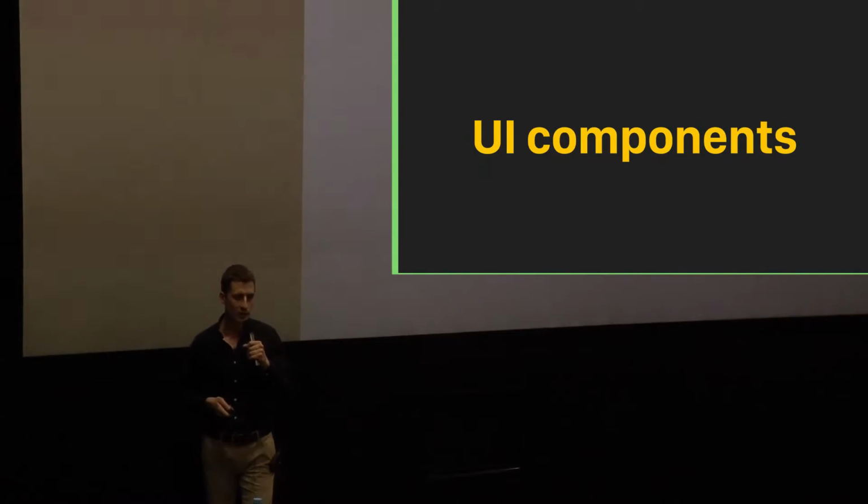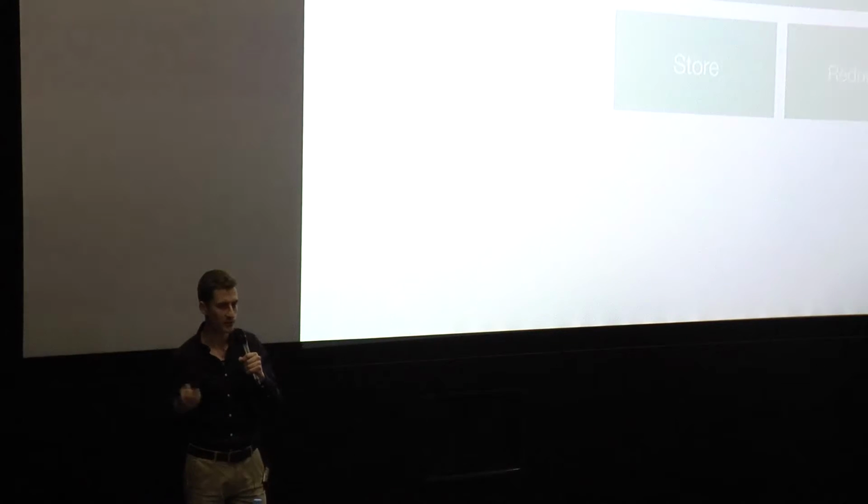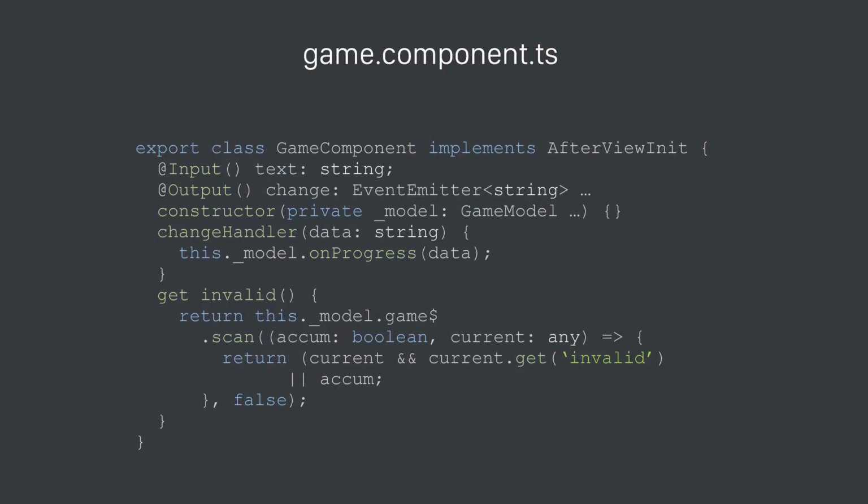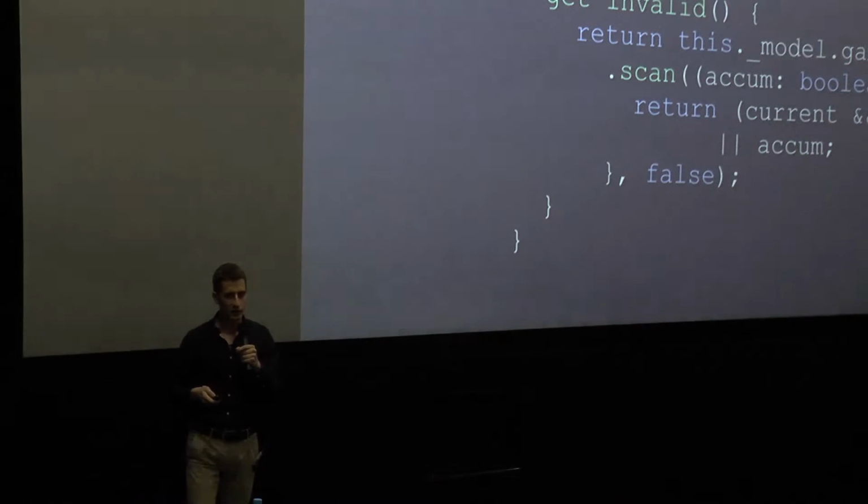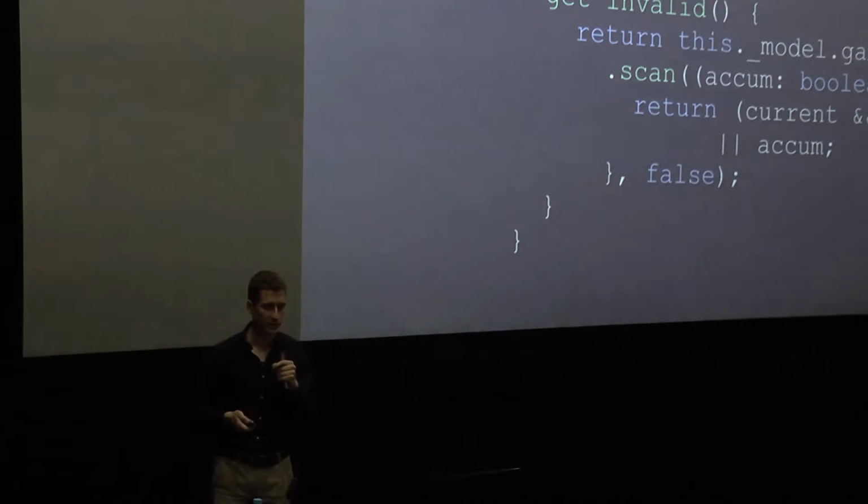Let's start with the UI components, which are on top. This is mostly pseudocode. It's not a real implementation of an Angular 2 component because we are missing some important pieces, but it is only to get the main idea.